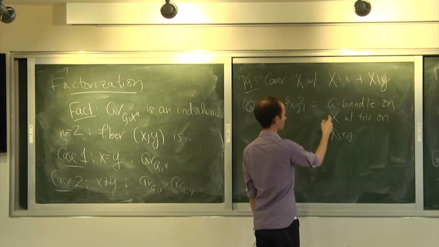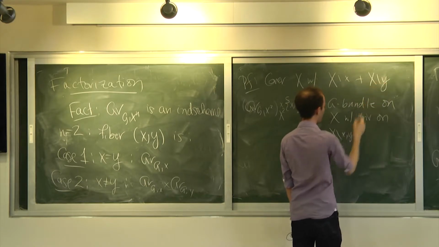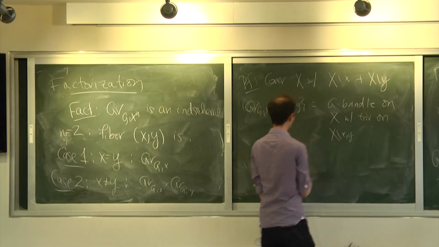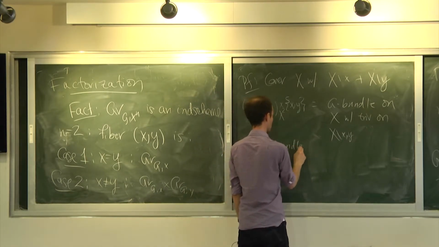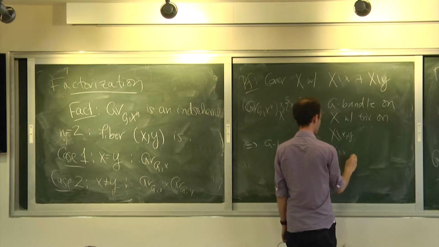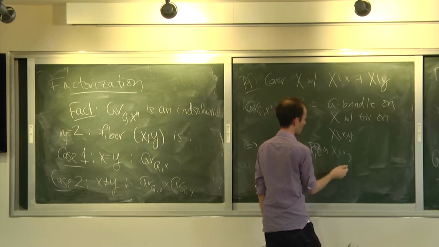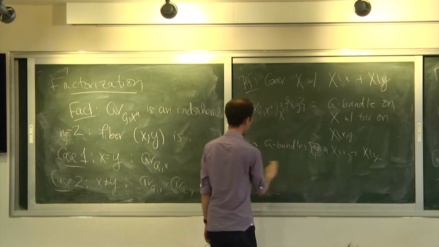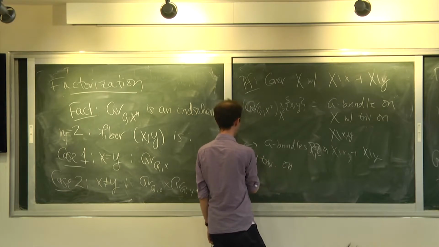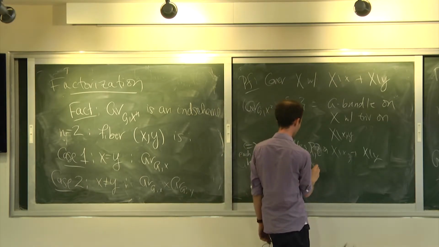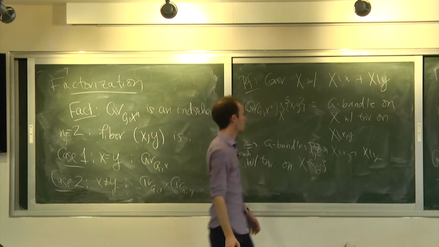So I can reformulate a G bundle on X as a G bundle on X minus x and a G bundle on X minus y, identified on X minus x, y. So this is the same as G bundles, I'll give them names, P1 and P2, on X minus x and X minus y, each with trivialization on X minus x, y, just by descent.